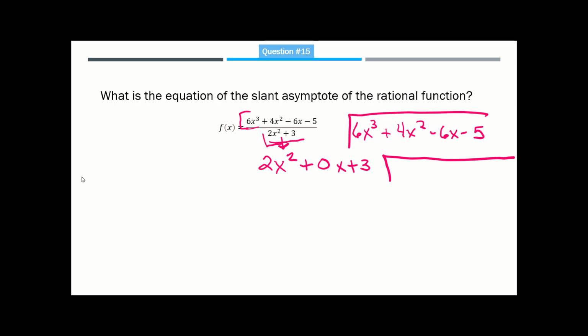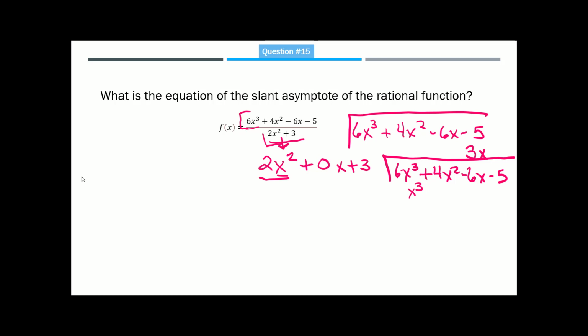I'm dividing that into 6x to the 3rd plus 4x squared minus 6x minus 5. So I'm going to look at this term. 2 goes into 6 3 times, and I need to multiply another x to x squared to get x to the 3rd. So I need to multiply by 3x.